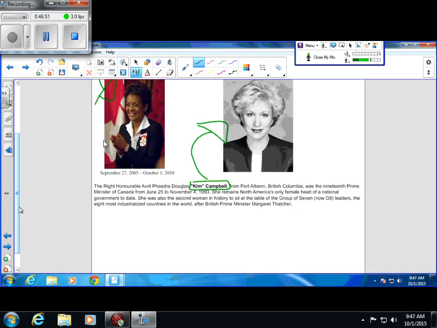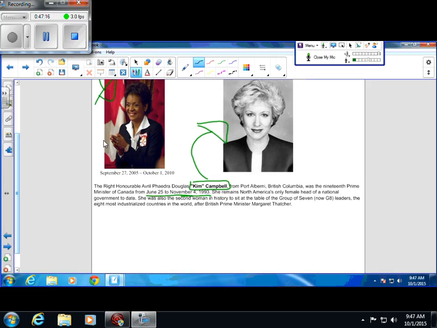As a result, she was the Prime Minister of Canada. She wasn't in power for long. She was only in power from June 25th to November 4th of 1993, so only a few short months of the same year.